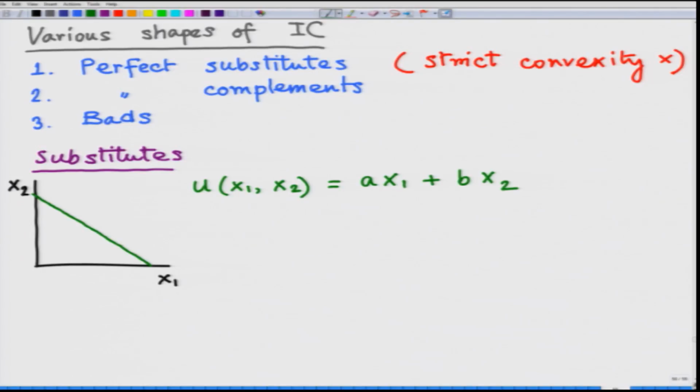Now, what will be the MRS? As I have said, that MRS will be a constant in this case, and the MRS value will be the negative of the slope, which is in this case going to be A over B.